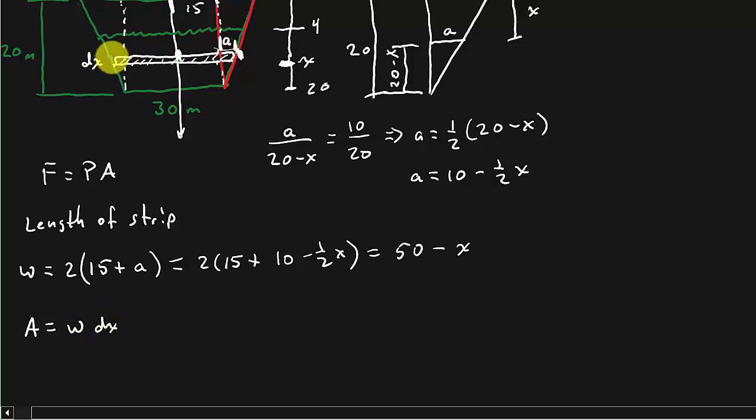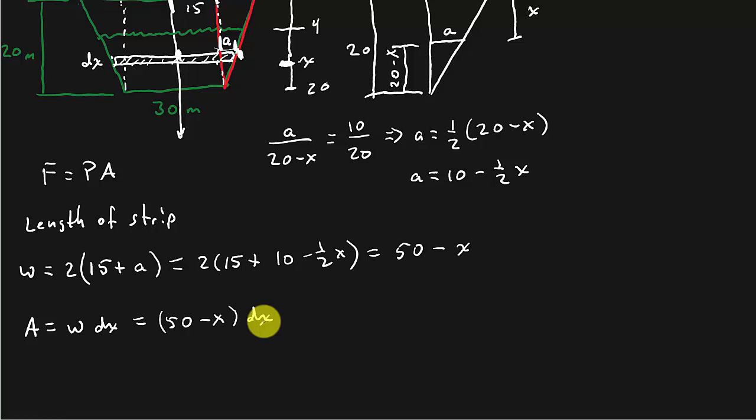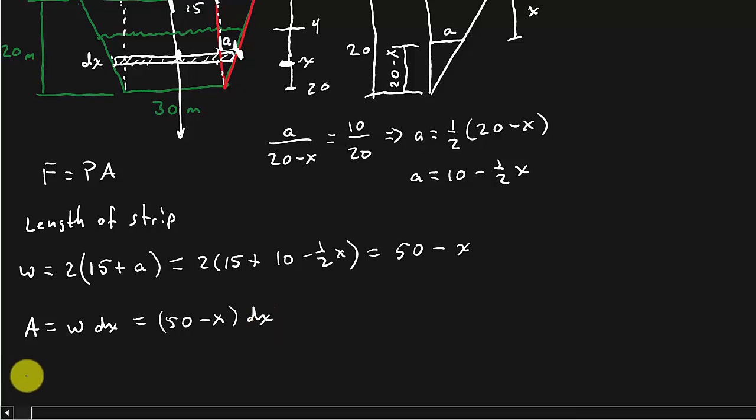It's the width times the thickness here, dx, which is equal to 50 minus x times dx. There's the area of the strip. All right, so I've got that taken care of. Now I need to find the pressure.